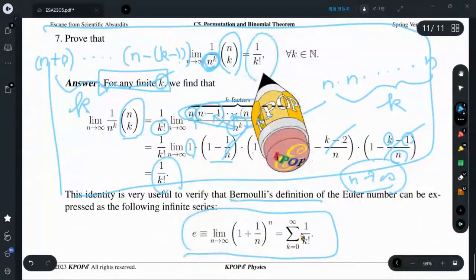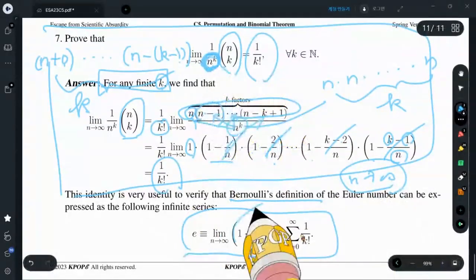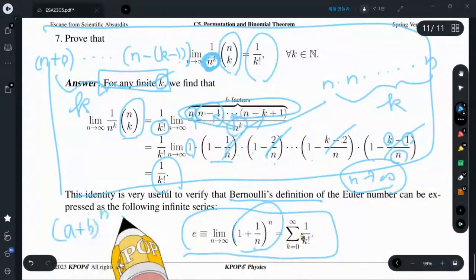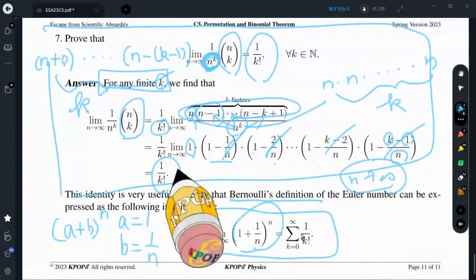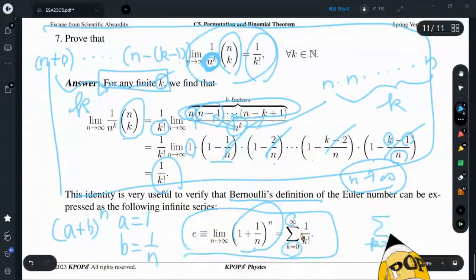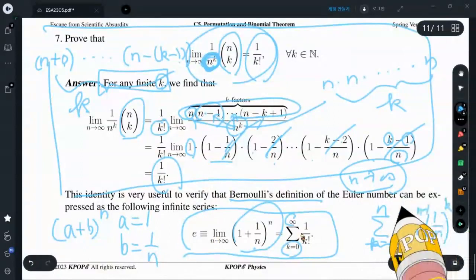As a result, the reason why I have attached this is I'd like to compute this. A plus b to the n. Substitute a equals 1, b equals 1 over n. Then what I get is the sum over k from 0 to n of the binomial coefficient times 1 over n to the k.